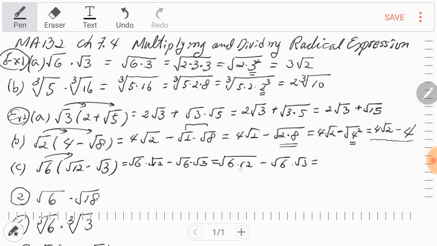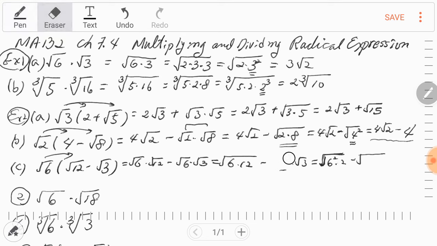The first one: 12 is 6 times 2, so 6 squared times 2. We will try to make squares of some factors.